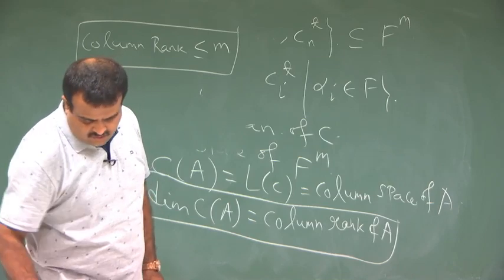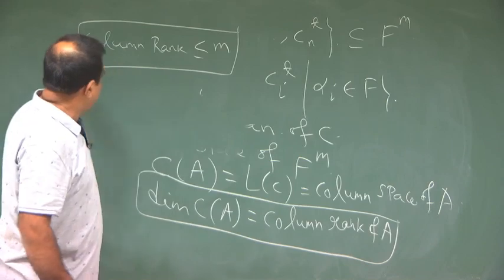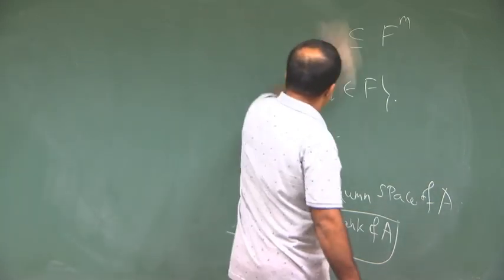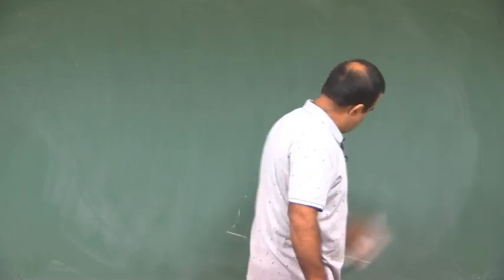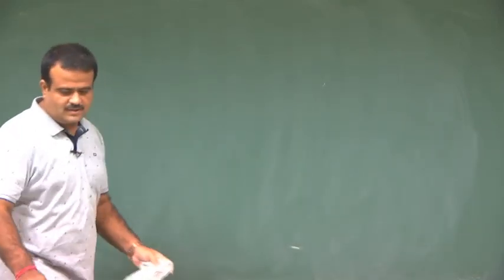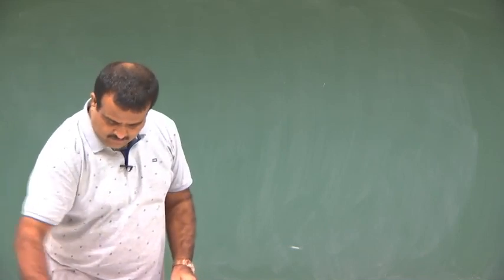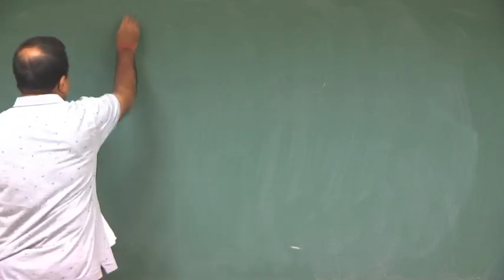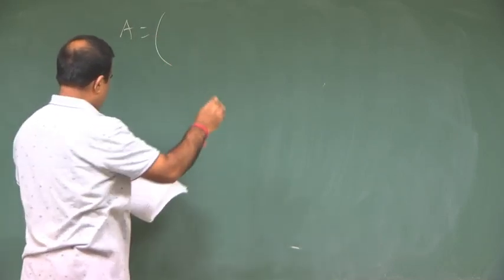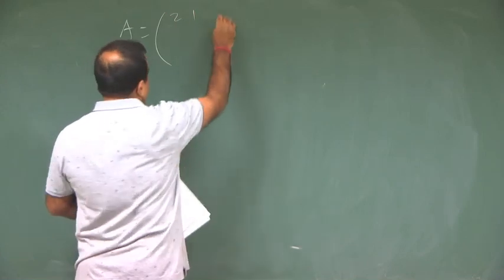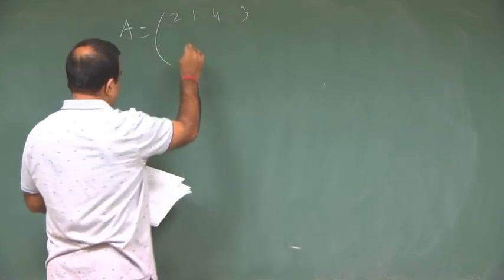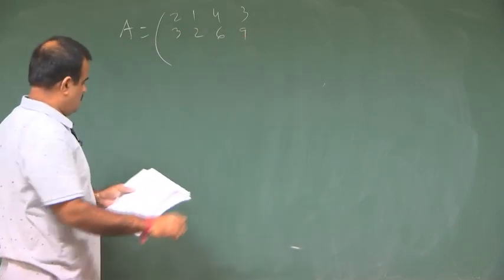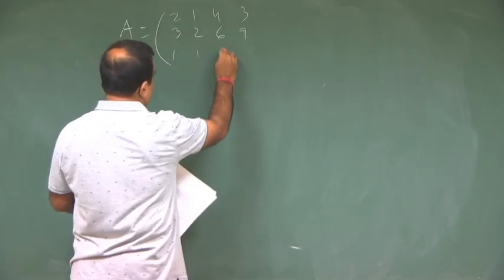So, let us take the same example where we found the row rank of that matrix. Let us take the same matrix: 2 1 4 3, 3 2 6 9, 1 1 2 6.